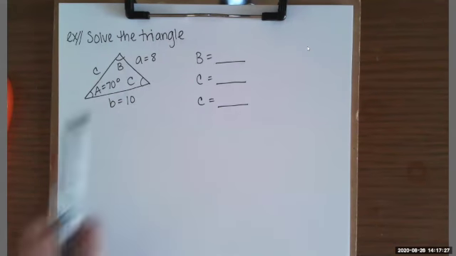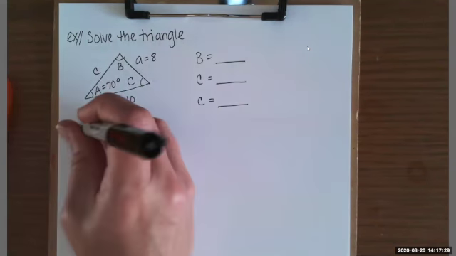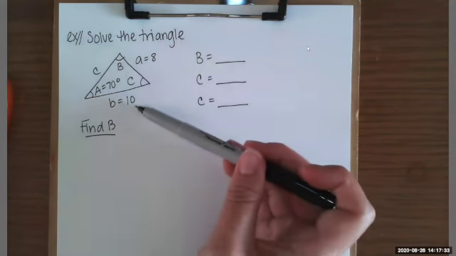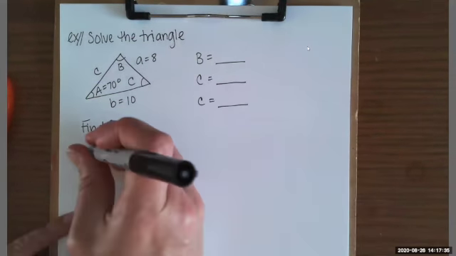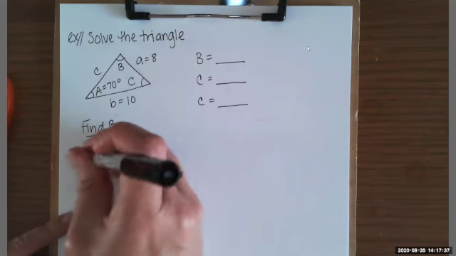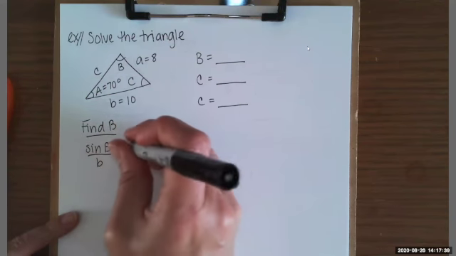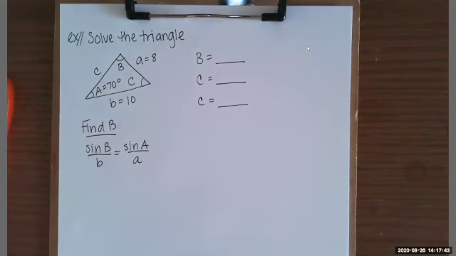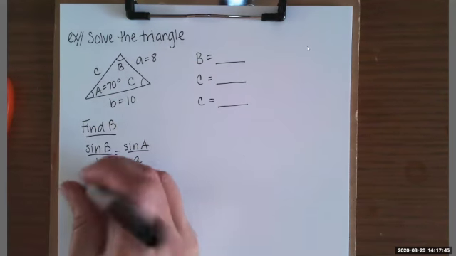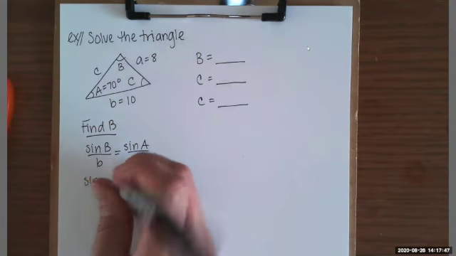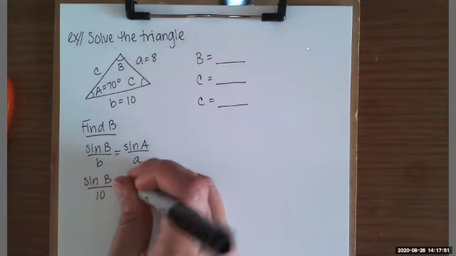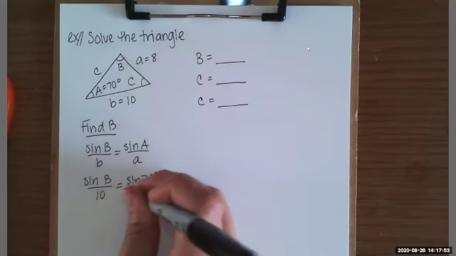Okay, so the next thing I'll do is start by finding angle B. The reason why I'm starting with angle B and not angle C is because we were given the side B. So I set up sine of B over little b is equal to sine of A over little a. So I have sine of B over 10 is equal to sine of 70 over 8.